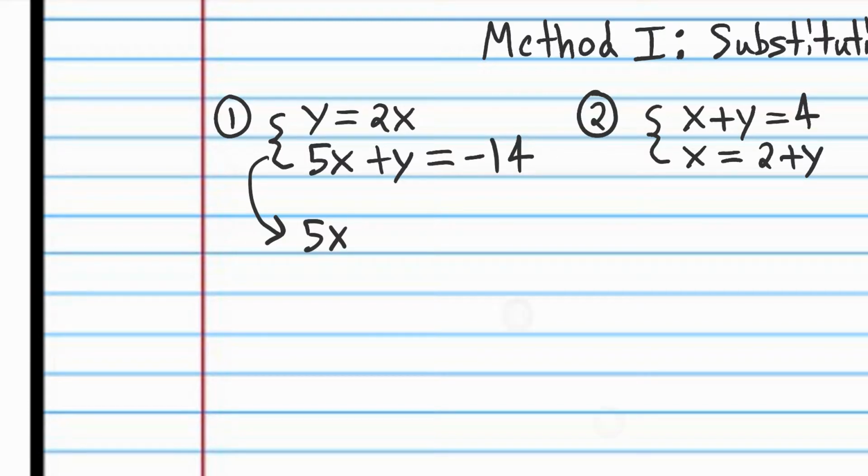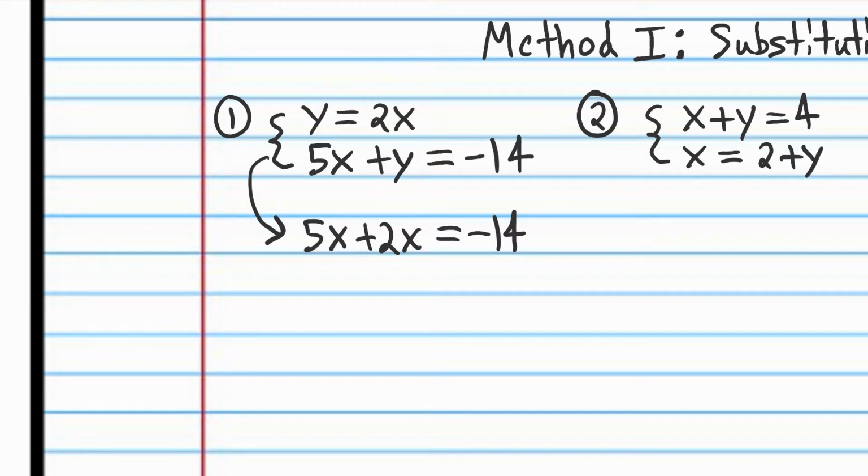But instead of writing y, I'm going to write 2x. Now, do you see why I did that? I know, because y is isolated, I know that y is equal to 2x. So when I rewrite this equation, instead of writing y, I can just write 2x because I know that 2x is equal to y. Do you see that?